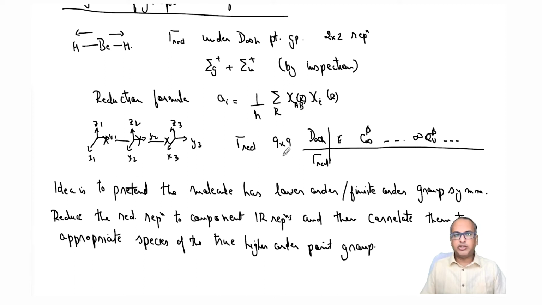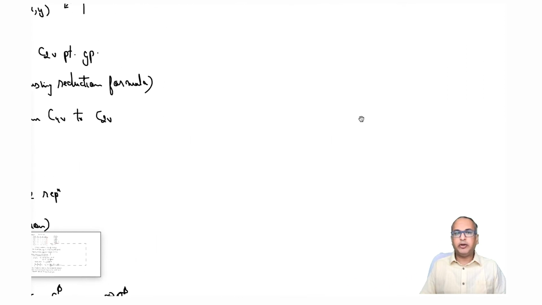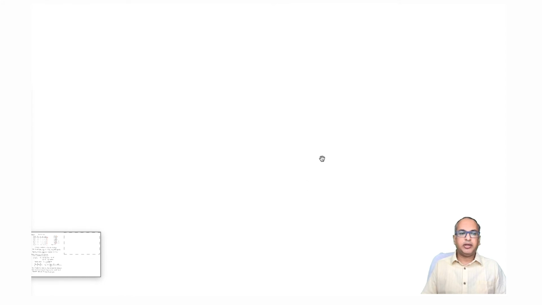So we first pretend that the molecule actually has a lower order point group, which has to be a subgroup of the original point group. So original point group here is d infinity h. So let us assume that the molecule is actually d2h symmetry. Okay, so we know that it is not, but we are just pretending.